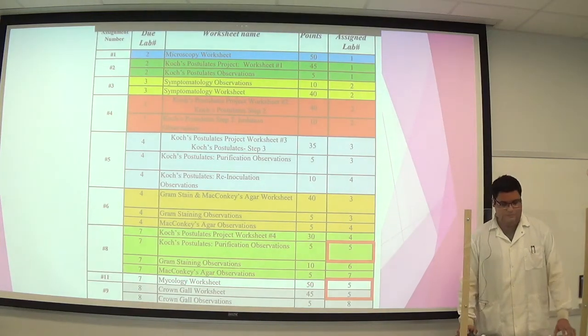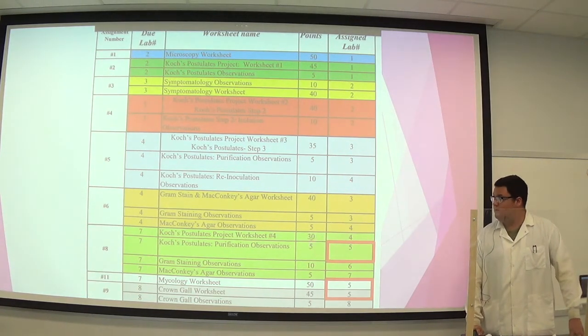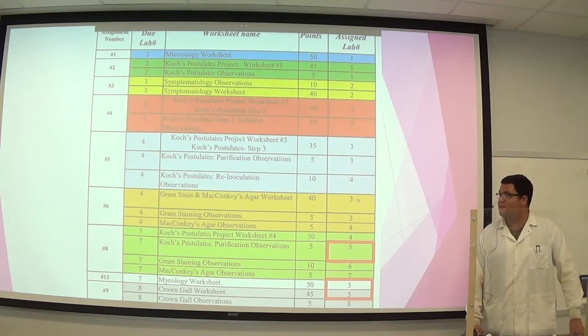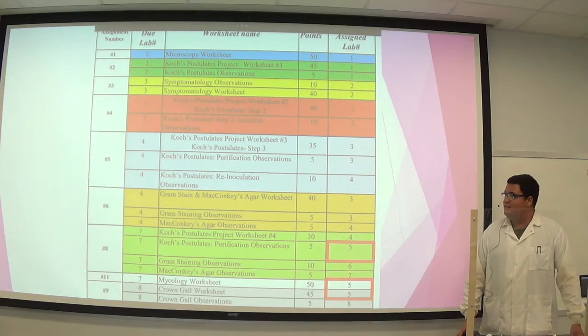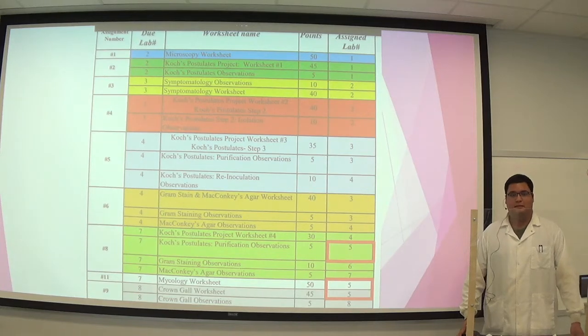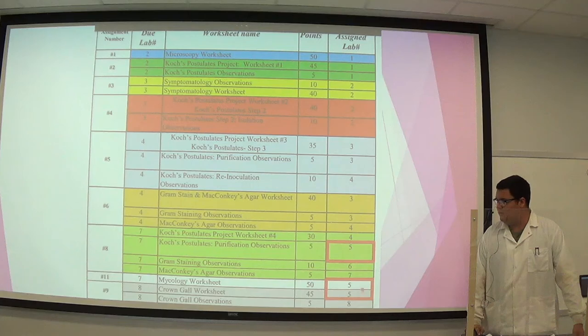And if you still don't understand, in the very beginning of your lab manual, you should have this very kind of confusing, I'll admit, assignment turn-in guide. As you can see, the labs don't coincide with the assignment numbers. We've gone over that. But also keep in mind, if you don't understand what's due or when it's due, you can see here, for today's lab, we're going to have 3 parts, all from different assignments, and they'll be due on different dates as well.